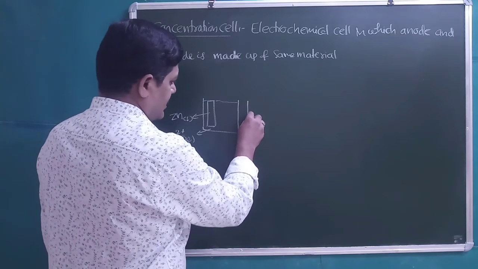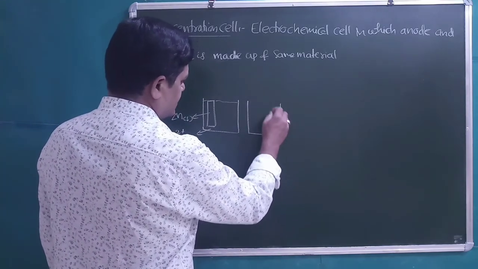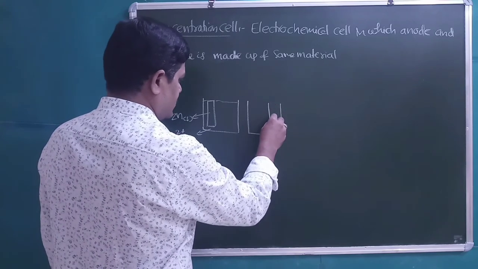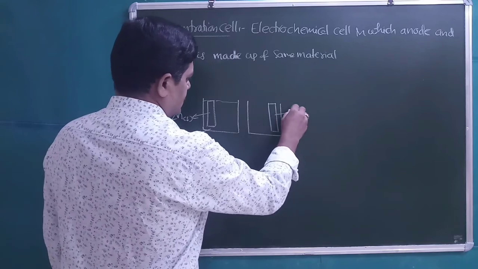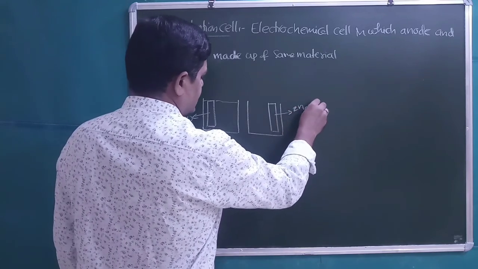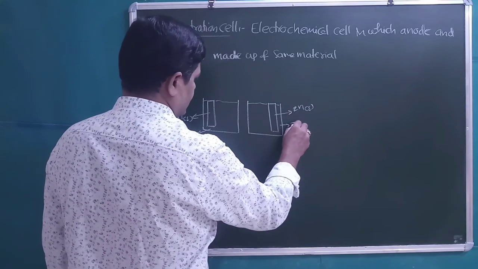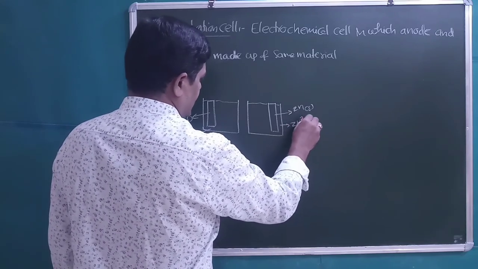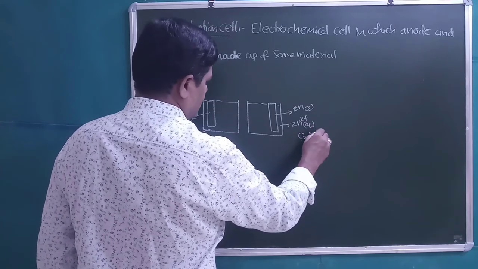On the other hand, we take the same zinc electrode, a zinc rod, immersed in a solution which contains Zn2+ ions, but the solution concentration now is different: Zn2+ aqueous with a concentration of C2 molar.